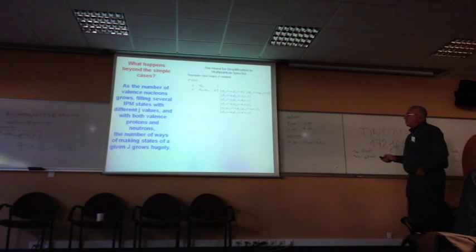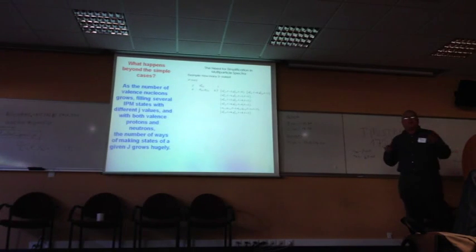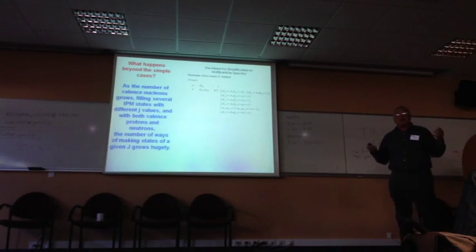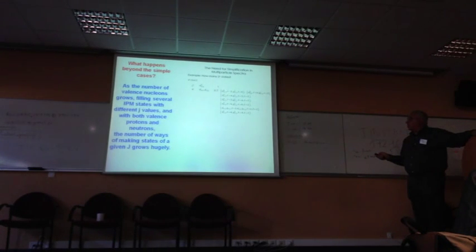So if you have a residual interaction, these 7 configurations will mix to a greater or lesser extent depending on the interaction. The wave functions will begin to develop some kind of correlations in collectivity. These 7 configurations will not all be at the same energy. It will take a different amount of energy to put 2 particles in D5 halves as it would in G7 halves, or to have 2 particles in D5 halves and 2 particles in G7 halves.